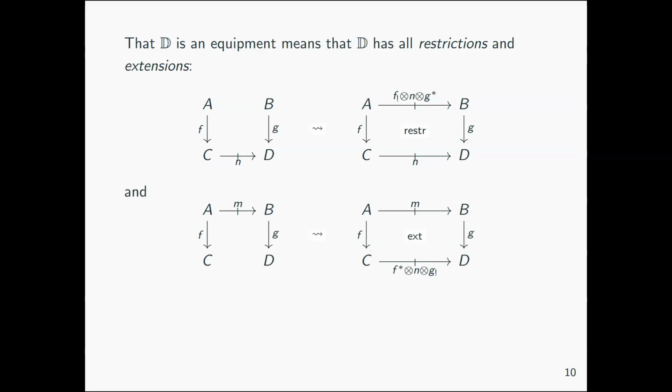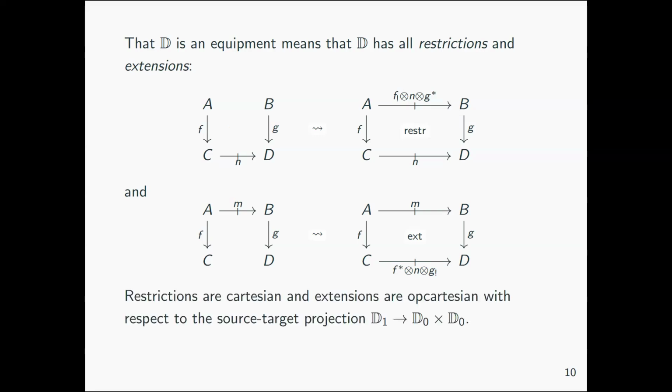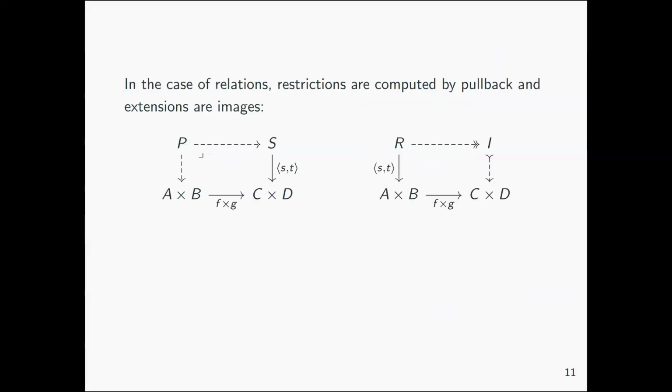The restriction here fills in the niche with a Cartesian cell, Cartesian relative to the source and target projection, whereas on the other hand, the co-niche is filled in with an extension cell here, which is opcartesian with respect to the source-target projection, meaning that these two cells each have nice lifting properties. This is abstract. So in relations, for example, you can actually compute these by hand. Restrictions are, roughly speaking, pullbacks, and extensions, roughly speaking, are images.